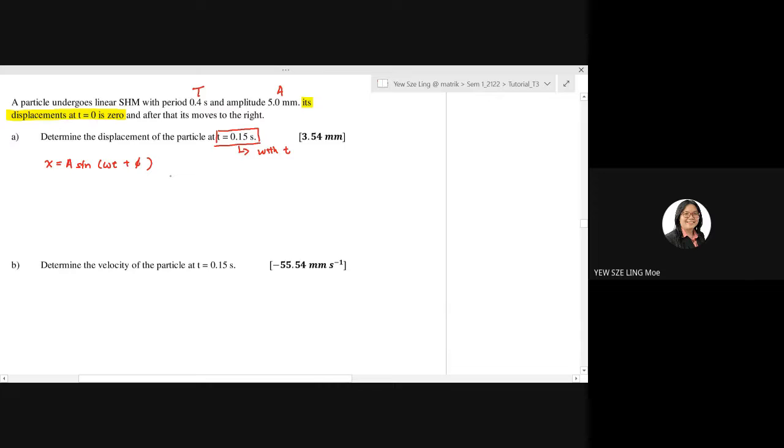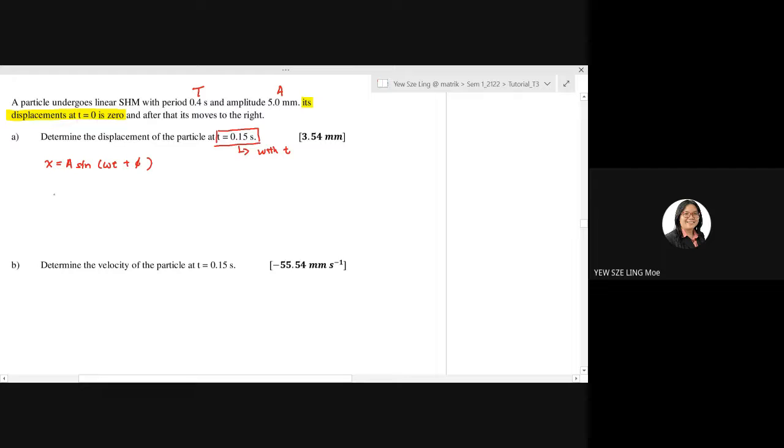Once we know, if we don't have it, then we can straight away ignore it. But right now, if the question asks you to form the equation, you have to assume you don't know what the initial phase angle is. You have to find it. So x equals a sine omega t plus phi.